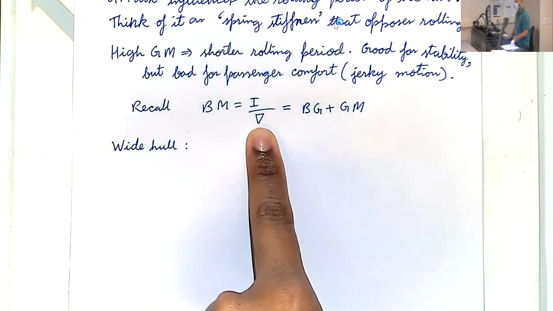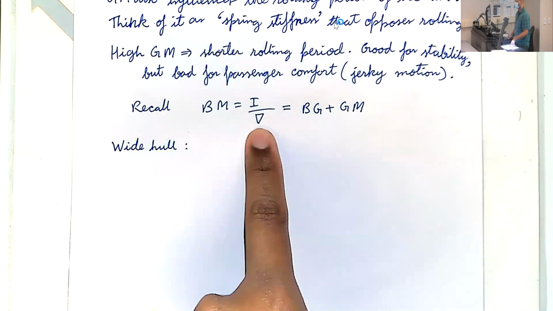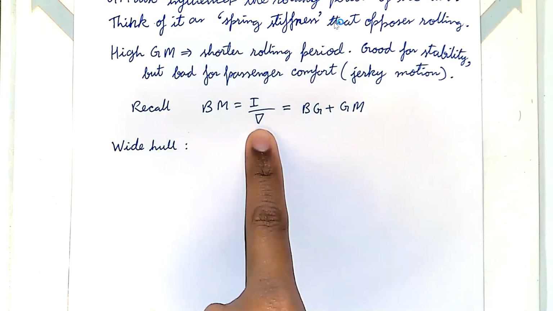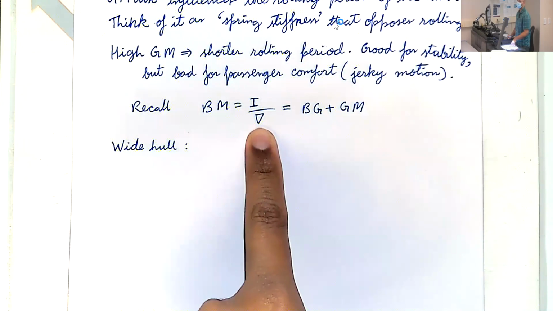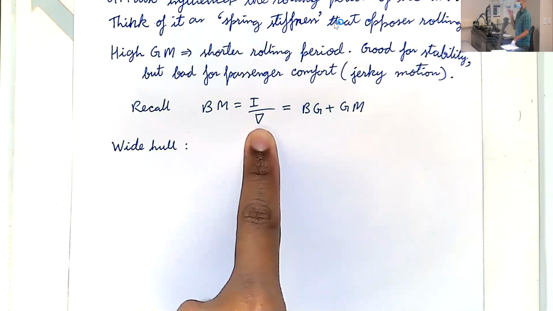Okay, now tell me, why will it increase? What does nabla depend on? Volume, all right, submerged volume. And submerged volume is determined by what? No, not area times height. Think about a floating object.